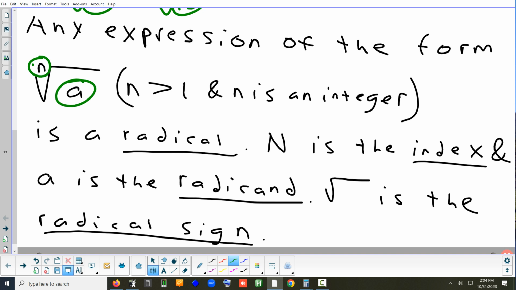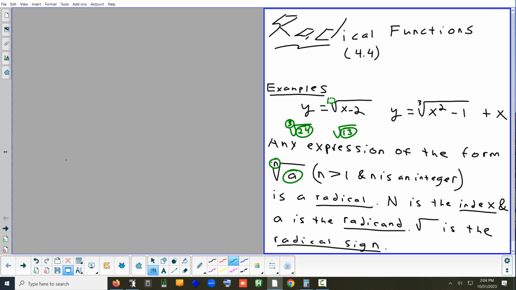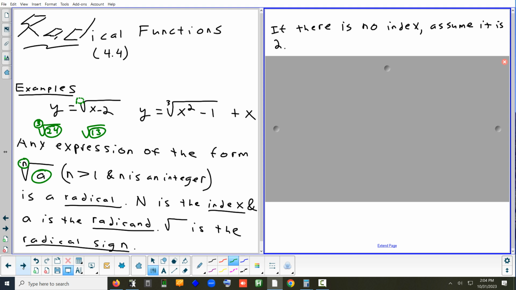Radical, index, radicand, or radical sign? All right. I already told that to you. If there is no index written down, you always assume that it is a 2.